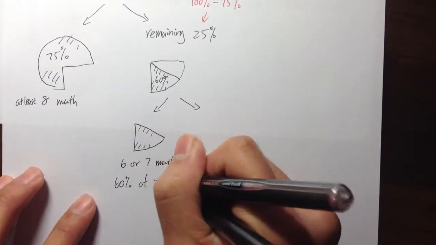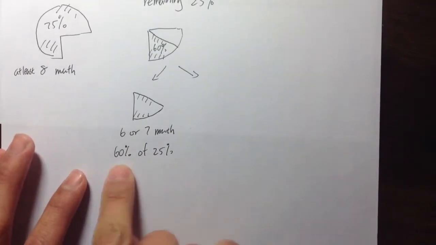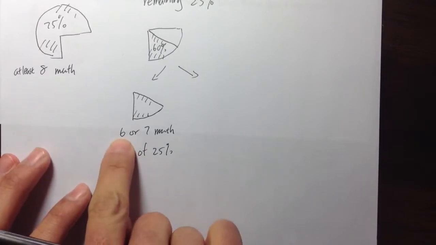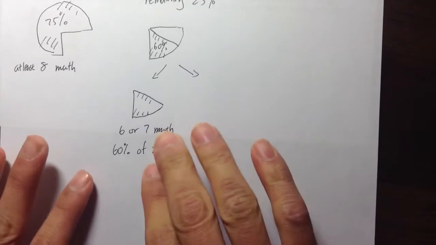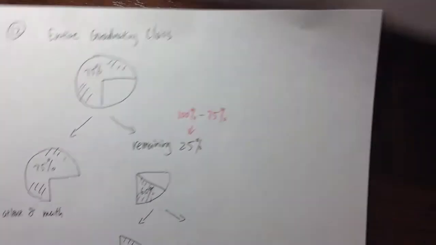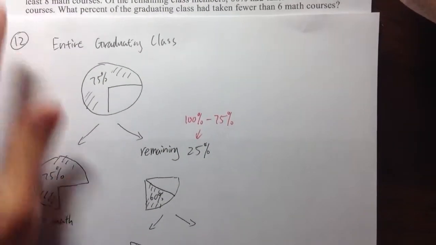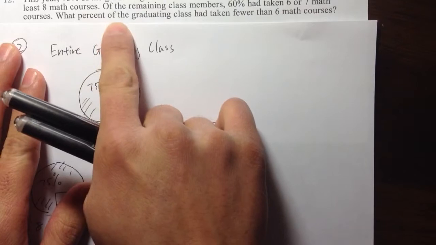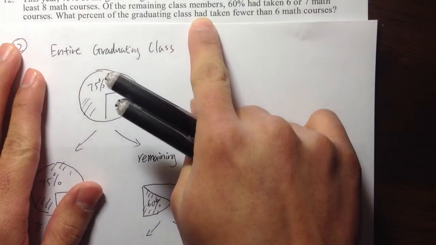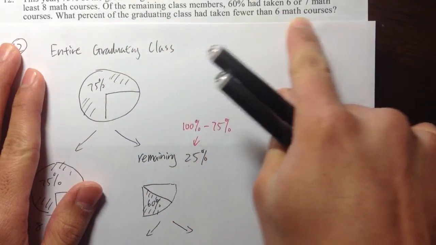So this percentage of the students took either 6 or 7 math classes. However, this is not what we're trying to find. Let's read the question one more time. It asks us what percent of the graduating class had taken fewer than 6 math courses.